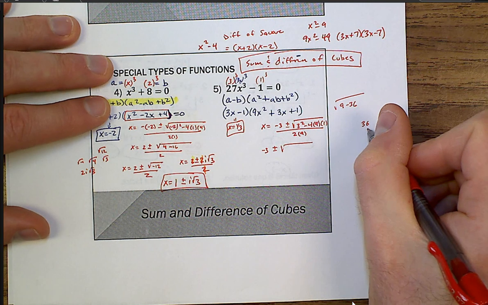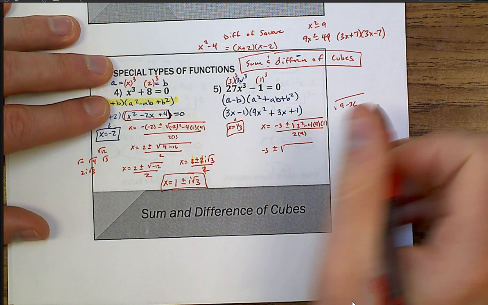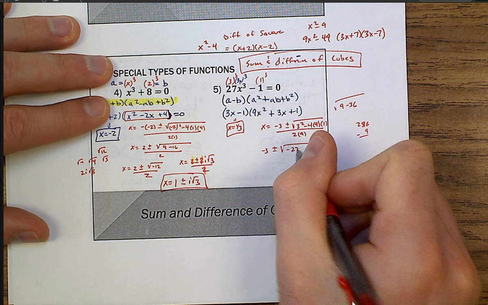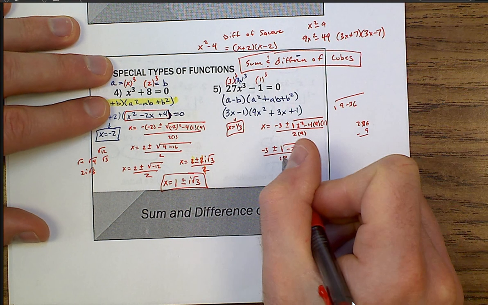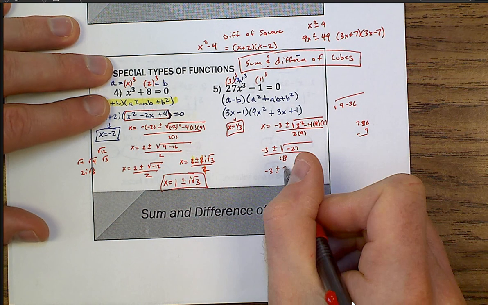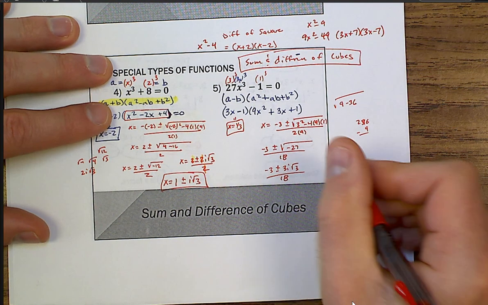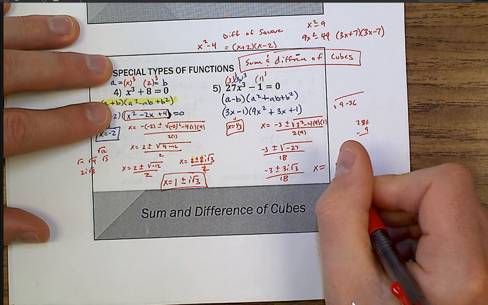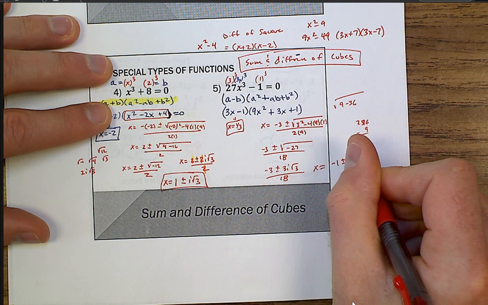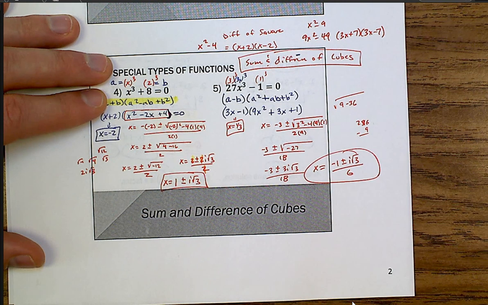So we're going to get -27 all over 18, and -3 plus or minus 3i radical 3 over 18, and then I can divide out 3 out of everything, so I get x equals -1 plus or minus i radical 3 all over 6. And those are your other two solutions. Okay?